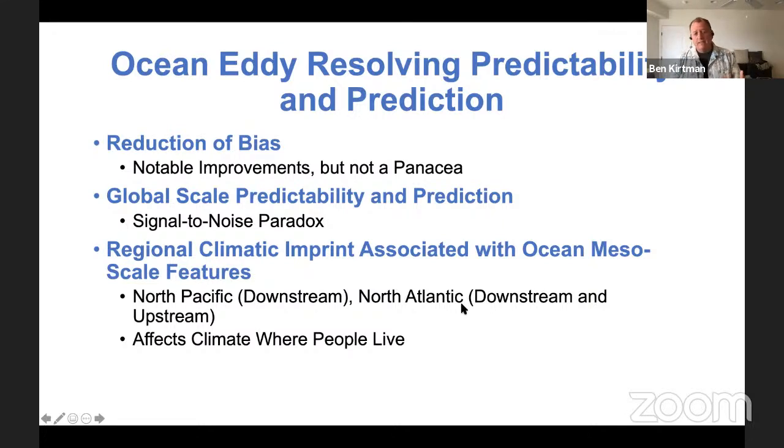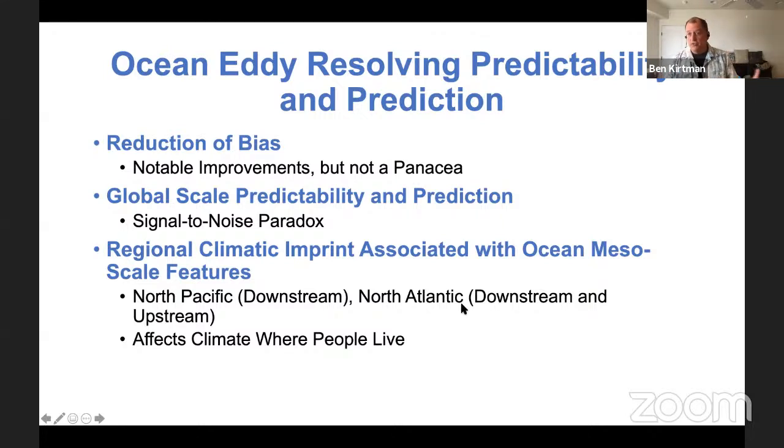The last bullet on this slide is where I'm trying to make a point. When we first started this eddy work way back in 2010, the expectation was that it was really just going to be an ocean eddy component. We really weren't thinking about climatic phenomena that affected people's lives.